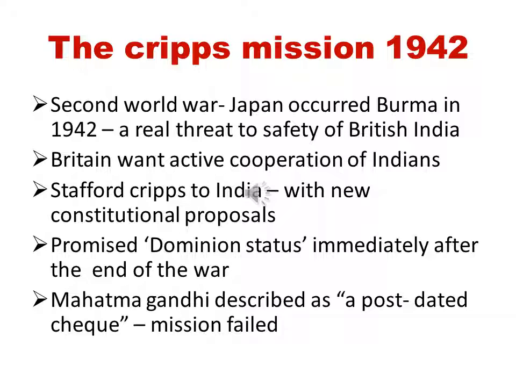Cripps' proposals promised India dominion status immediately after the war. Mahatma Gandhi described the Cripps proposals as a post-dated cheque, and the Cripps mission proved a total failure. Having failed in his mission, Cripps left India on 12 April 1942.